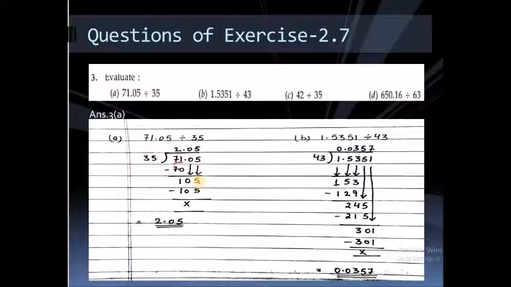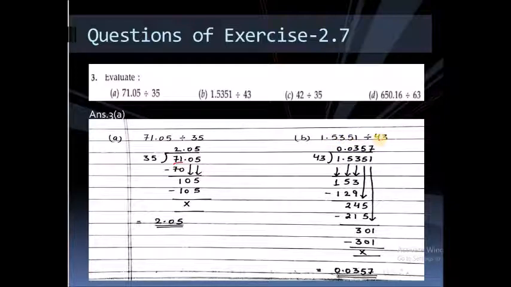If you note down this 5, this will become 105 now. 105 is completely divisible by 35 and it will go 5 times. So 5 will come in quotient and this will be completely divided by 35 and my answer will be 2.05. Okay. Just look at part B.